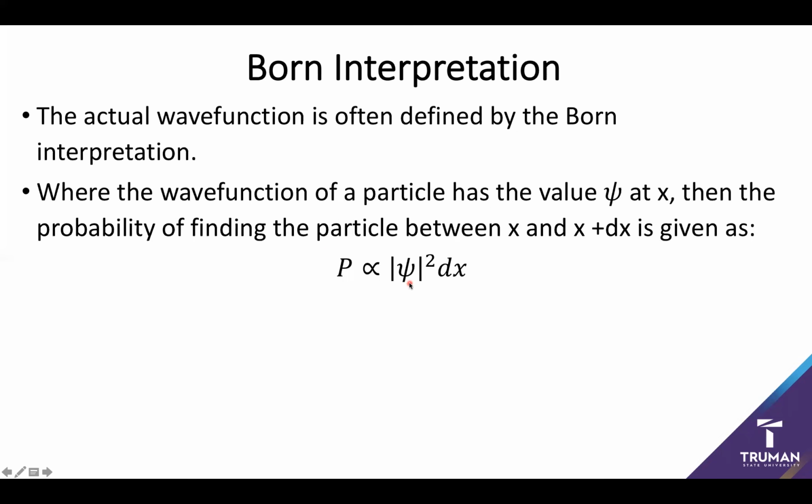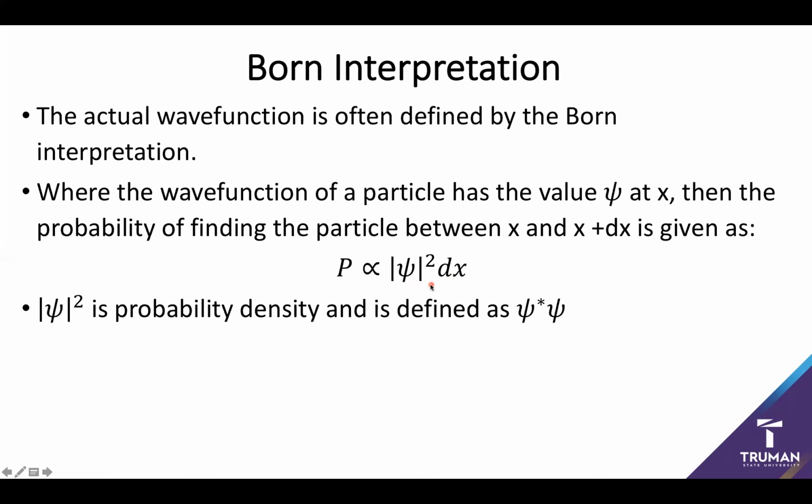Using my wave function, we can determine the probability of finding a particle between x and x plus dx. This is simply given by the wave function at position x, squared, times dx. You'll notice a slightly odd squaring here, with upright brackets around the wave function.